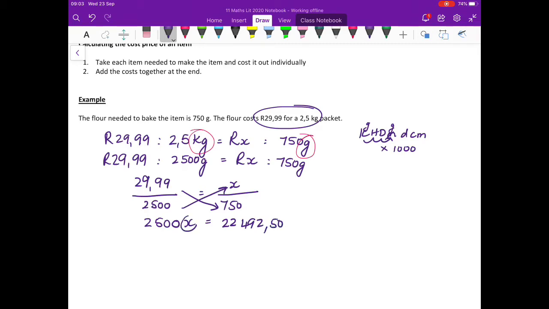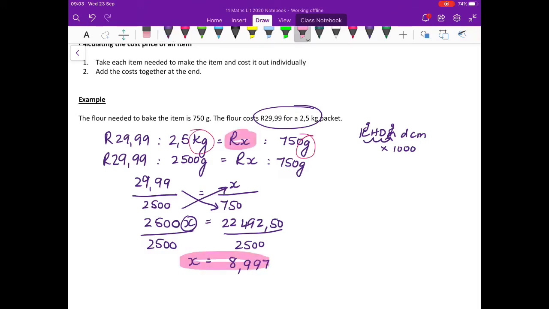We want X on its own, so we're going to divide by 2,500 on both sides, and X equals, take out your calculator and you will see it is 8.997.